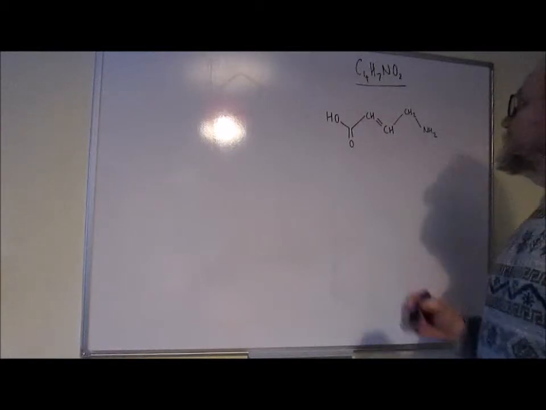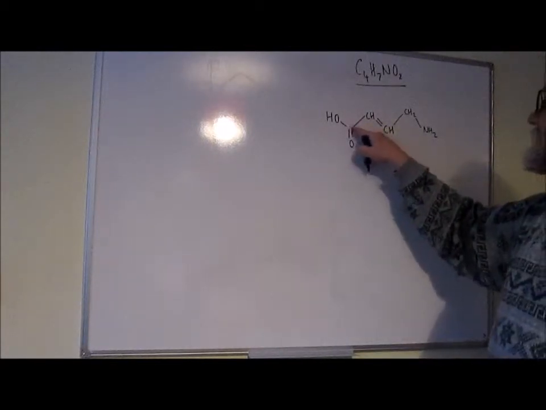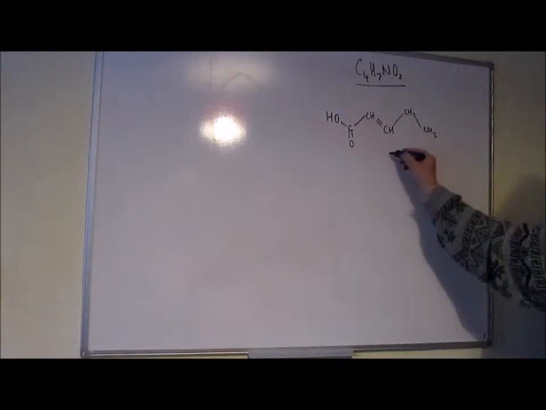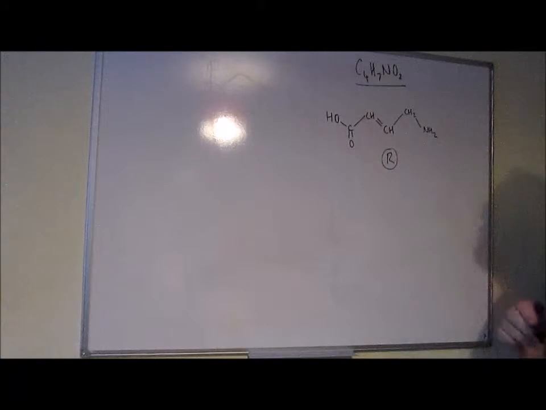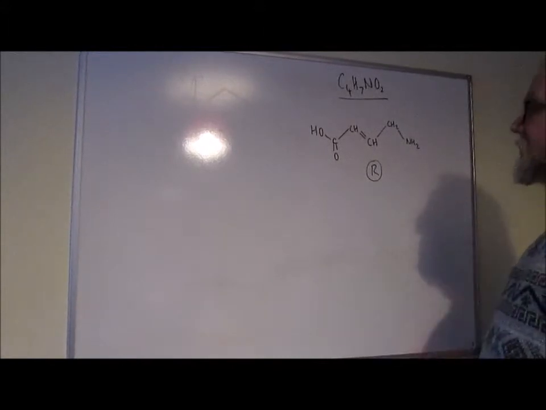Now that would be a possibility, because you can see, let's just turn that into an explicit carbon, and then if you count the atoms you can see that fits. You've got 4 carbons, 7 hydrogens, a nitrogen and 2 oxygens. So that looks like a possible candidate because it's got those 3 functional groups that we need. So let's have a look at the polymerization reactions of that.